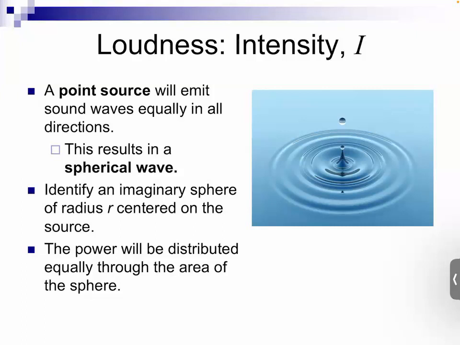It's easier to visualize water waves. So imagine a calm lake. If you drop a rock or a stone on the calm lake, we know that it will create ripples. And the ripples will propagate from the point where the rock was dropped.